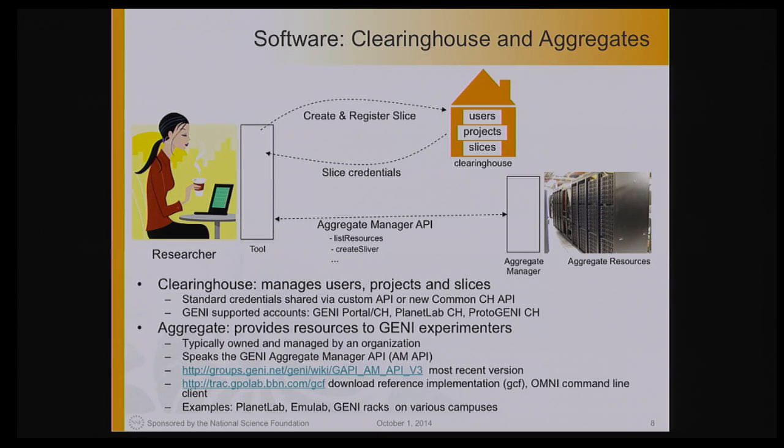The clearinghouse will return to you your credentials to use for that slice, and then you interact with the places that have resources using an aggregate manager API to both provision and control and use those resources during the course of your experiment or your integration or your trial or whatever it is you're running on Genie. There are some links in here to the software in case you want to take a look at it, and to the API definition in case you want to see how the common API works.